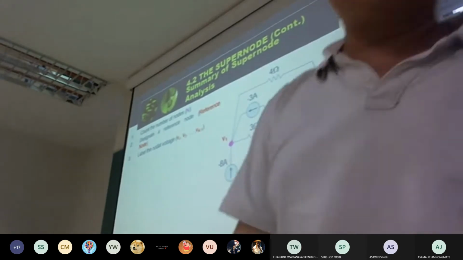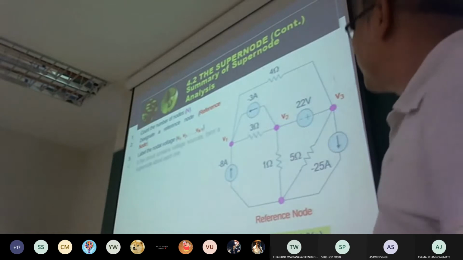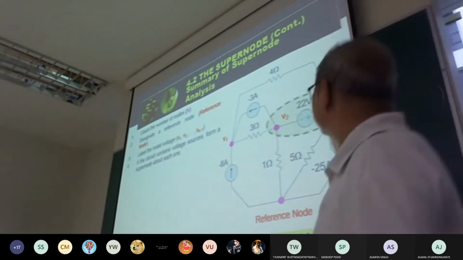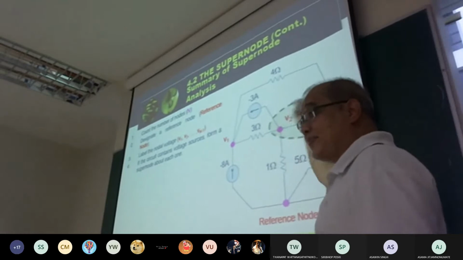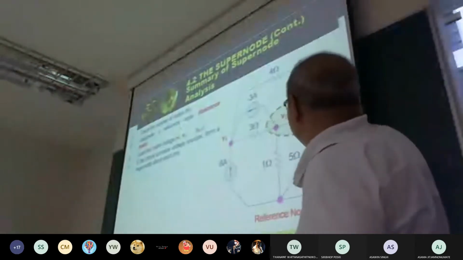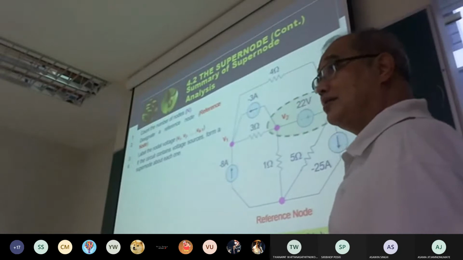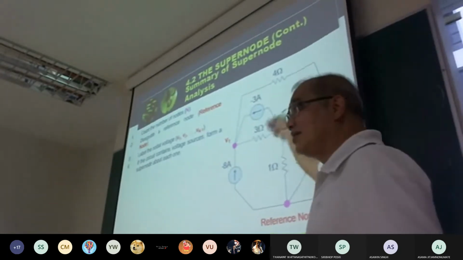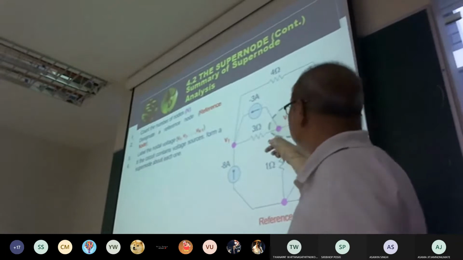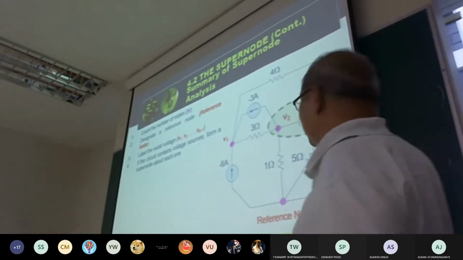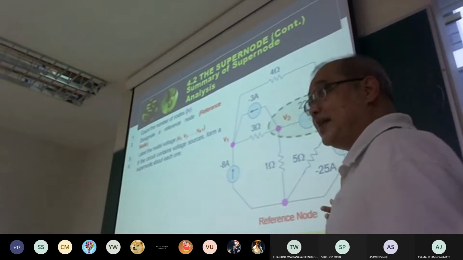We create the bigger node. If the circuit contains a voltage source, formulate the supernode. Instead of seeing them as 2 nodes, see them as one big node. In this big node, how many branches connect to it? 1, 2, 3, 4, 5, 6.